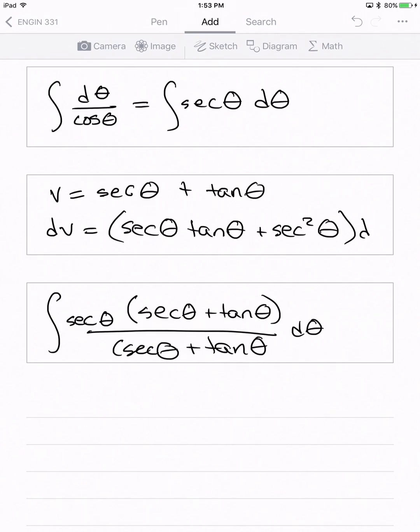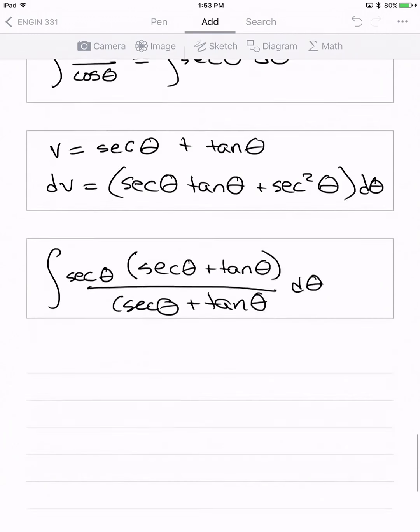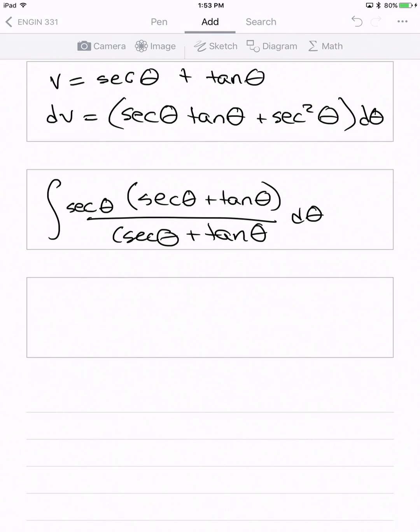Sorry, this dv needs to have a d theta at the end. There we go. Now if you take a look at this, you can see that on the top we actually have dv and on the bottom we have v. See, like I said, it's not an intuitive substitution, but then it comes out looking really nice.